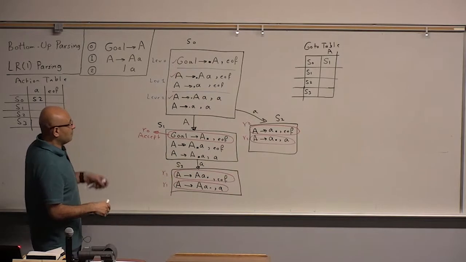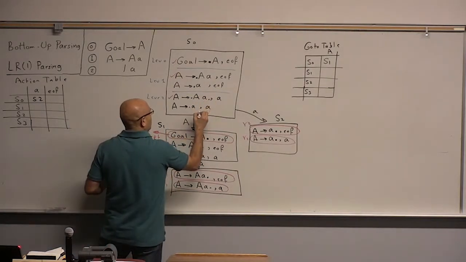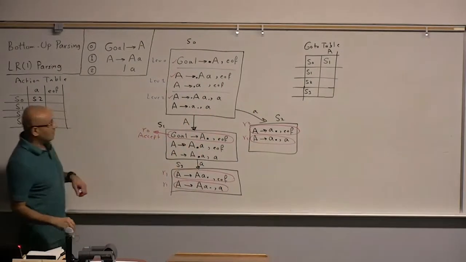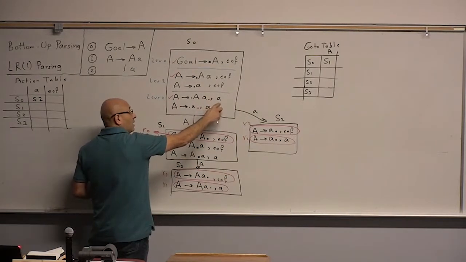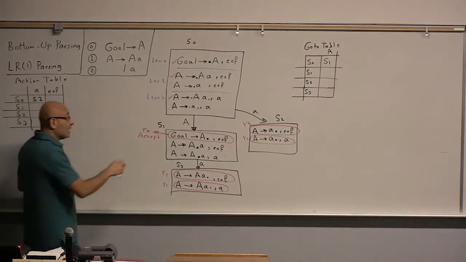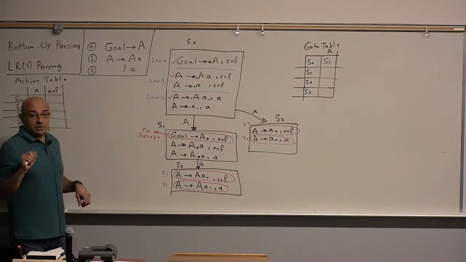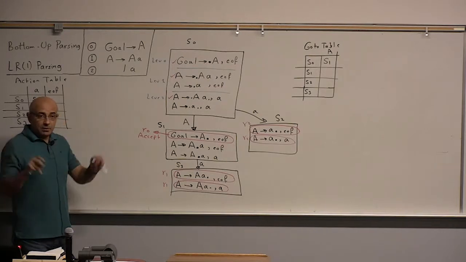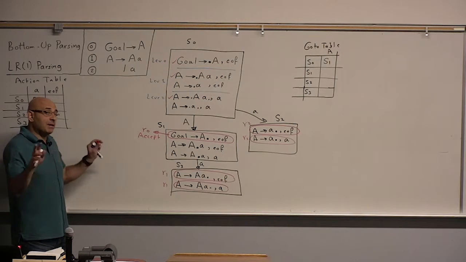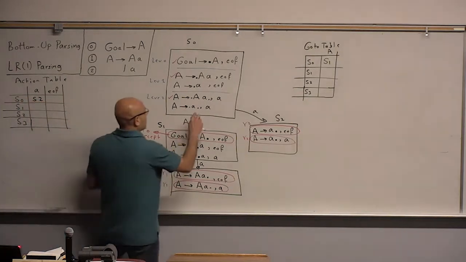For example, if I can reduce by this on an A when the look ahead is A, and I can reduce by this when the look ahead is A, this is going to be a reduce error because there are two valid reductions, and this is bad. It means that we can't do this with LR1. This grammar is not LR1. So either modify the grammar, try to make it LR1 if you can, or use a different parsing technique.